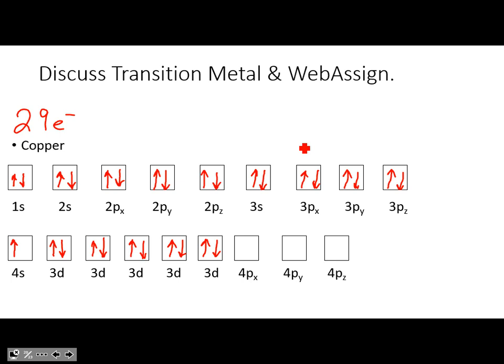And that electron configuration has the noble gas notation, correct? So if I'm writing just the noble gas notation for this, I look at my noble gas before copper, and that's going to be argon.